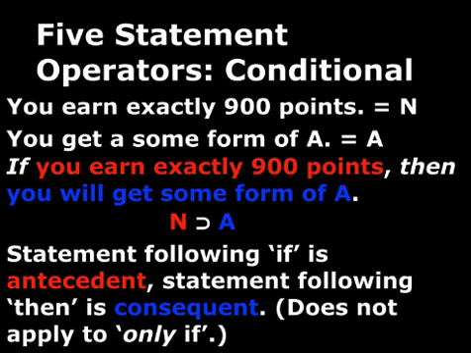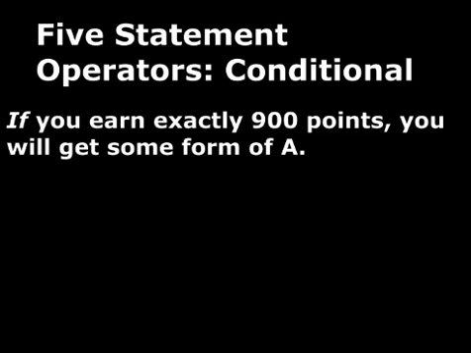Now the reason this is tricky is as follows. First off, you can omit the then, okay? So I could say, if you earn exactly 900 points, you will get some form of A. Of course, I could have put the then there. If you earn exactly 900 points, then you will earn some form of A. English lets you drop the then if it's obvious where it would be. In this case, it's a very similar rule.